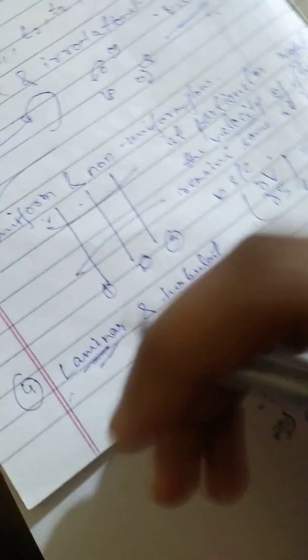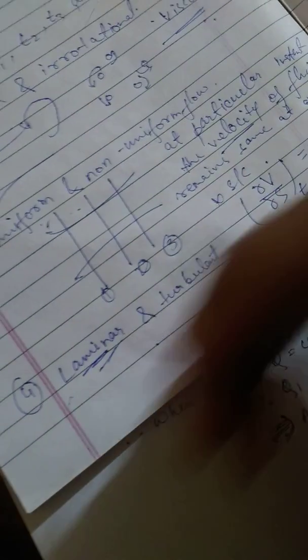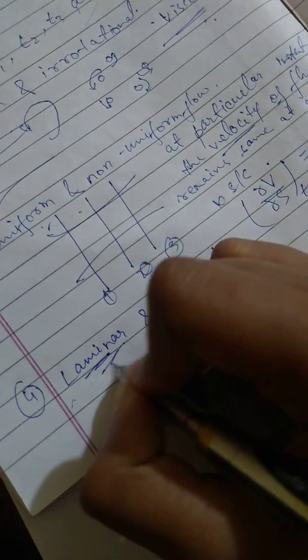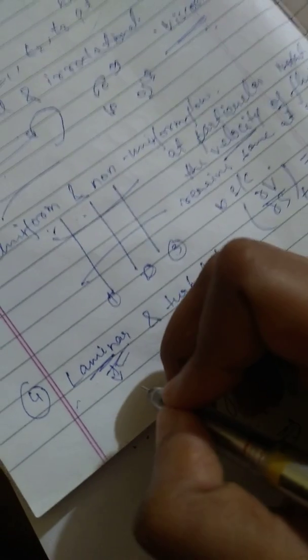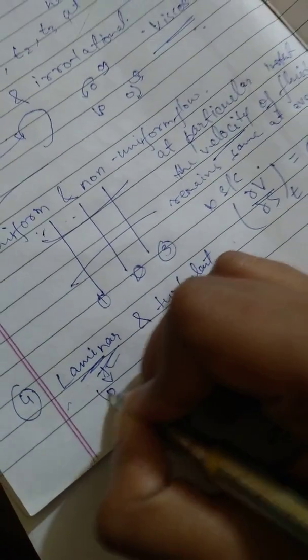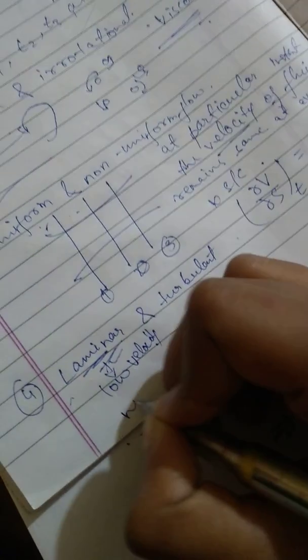There won't be any intermixing of the layers or the molecules, or any momentum exchange within the layers. So that is laminar. A very important property which is needed is low velocity and high viscosity.